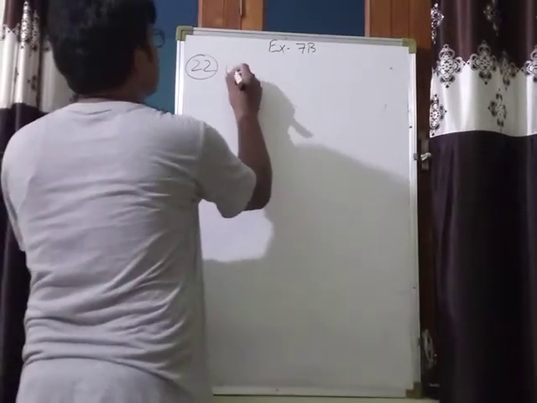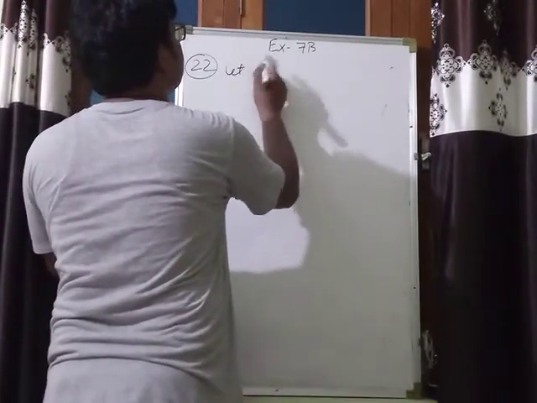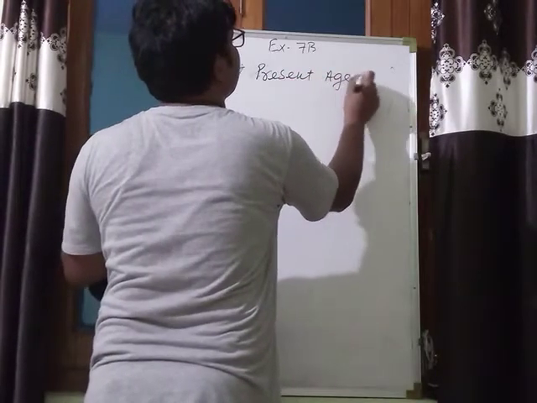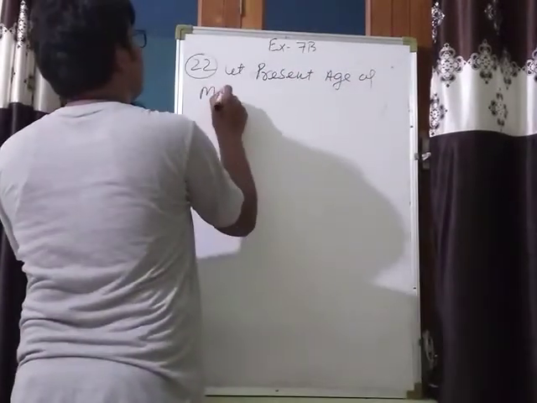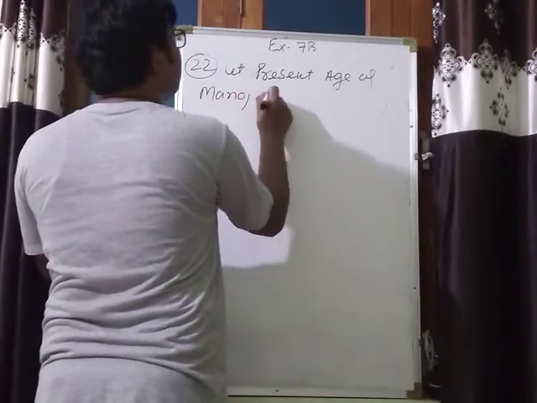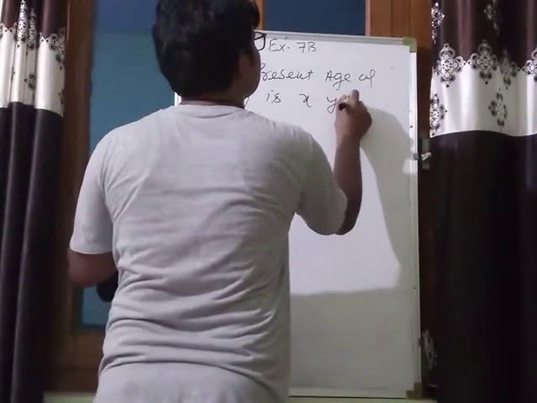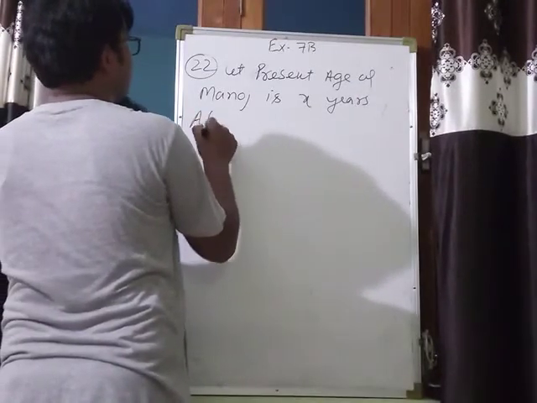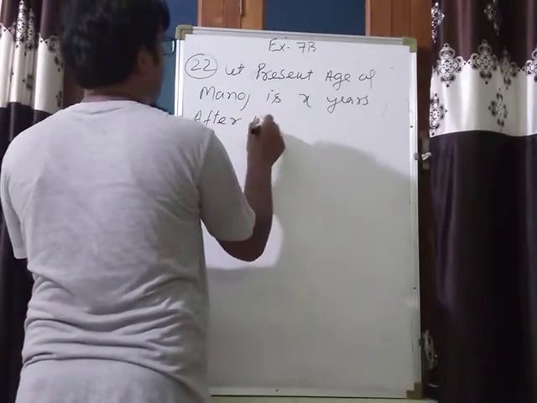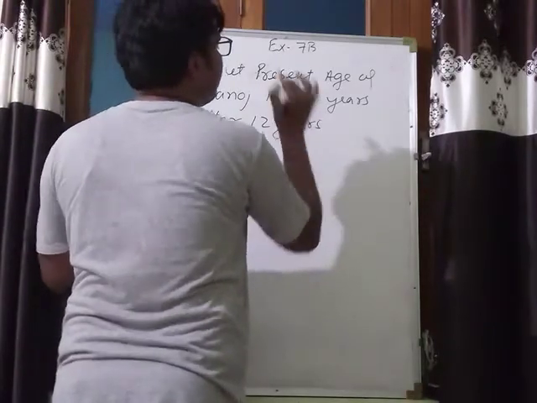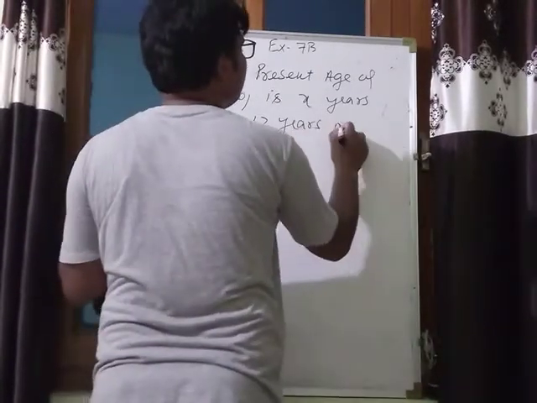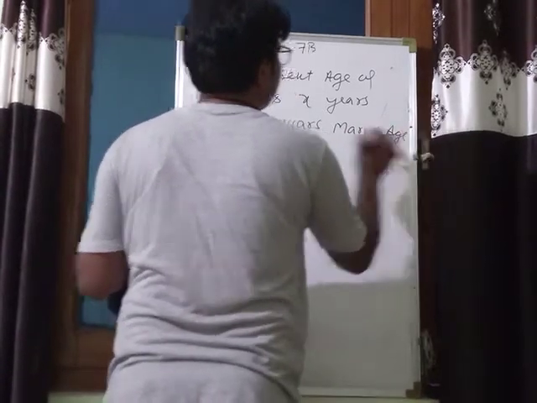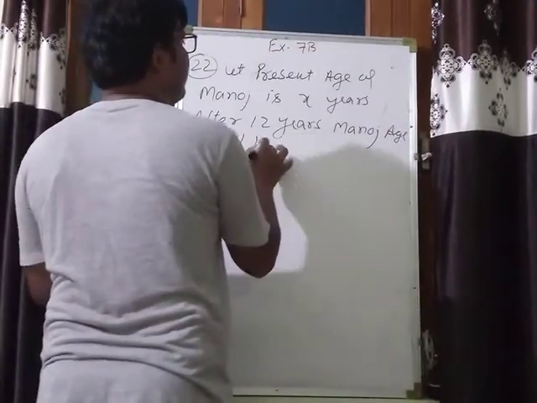Let the present age of Manoj be X years. Okay, so after 12 years Manoj's age will be what?